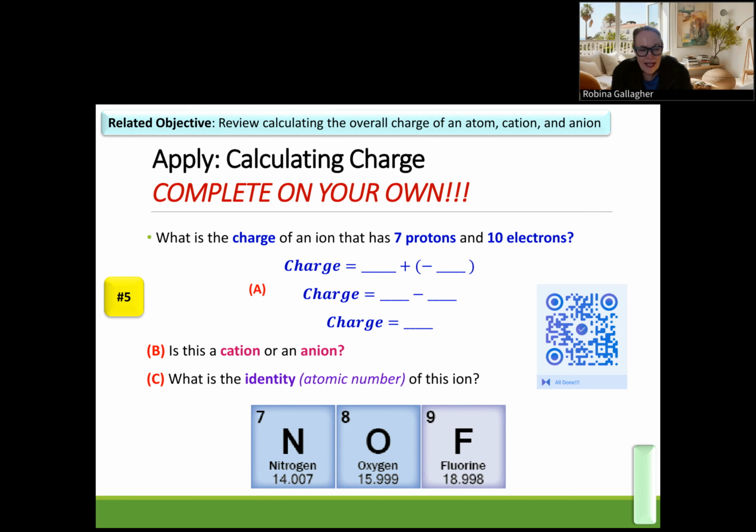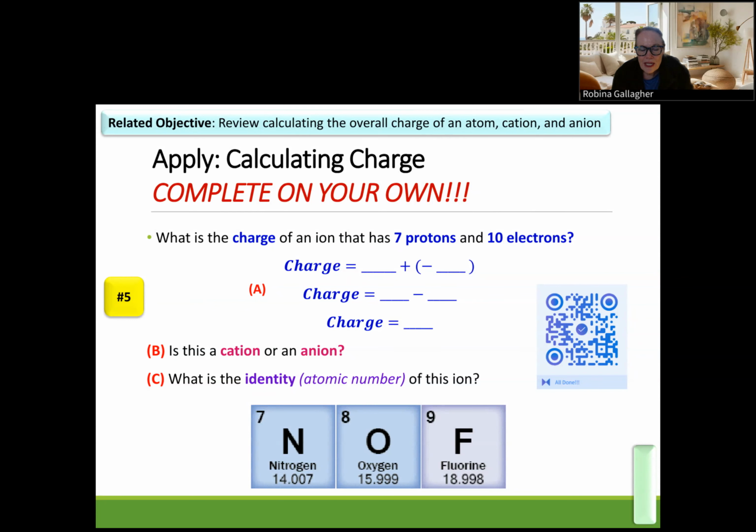So I have a question for you to complete on your own. We have an ion that has 7 protons and 10 electrons. The first thing you're going to do is calculate the charge. Remember, it is the positive charge of the protons plus the negative charge of the electrons. You're going to do the math right here to calculate the overall charge.